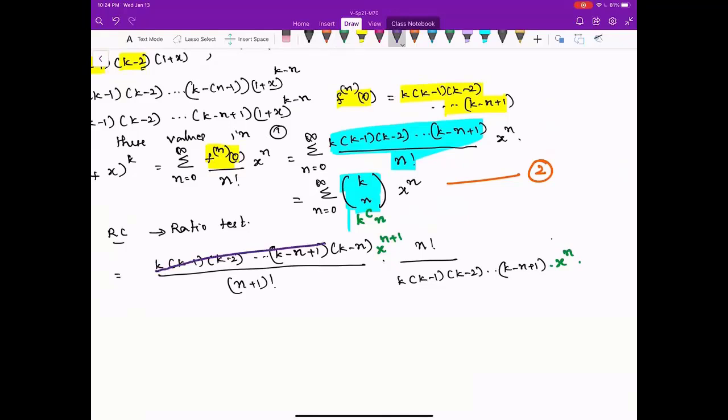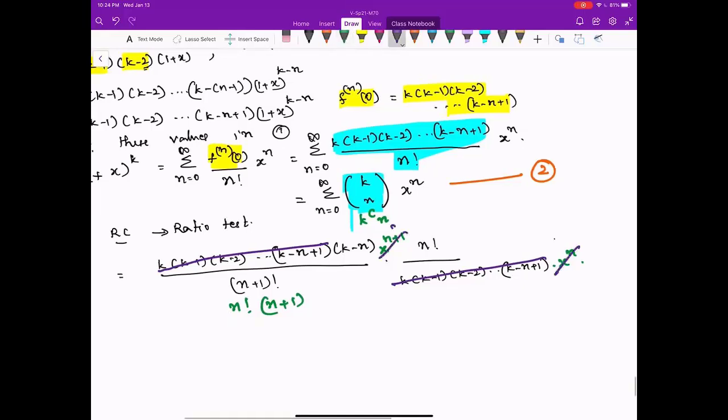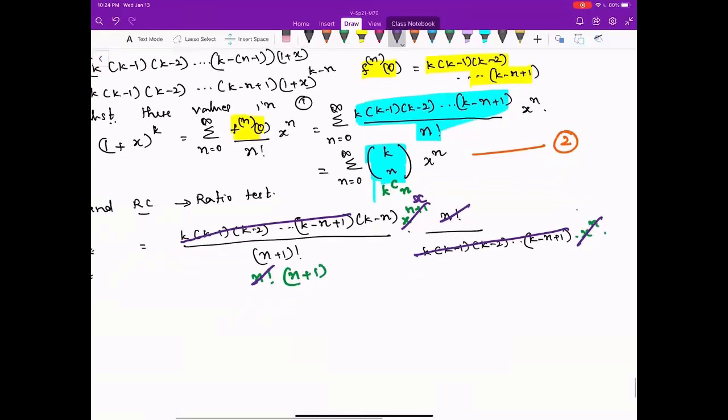All of this is getting cancelled out with this. The usual trick, if you apply here, it is n factorial times n plus 1. Also, x to the n gets cancelled out with x to the power n plus 1, giving you just x. N factorial cancels out.